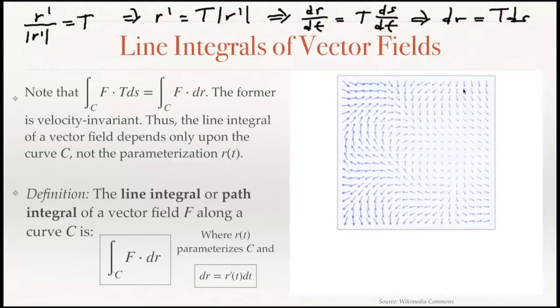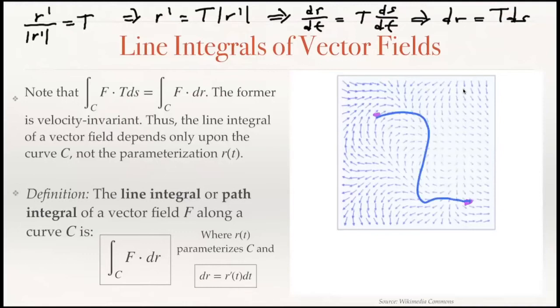And F dot T ds is velocity invariant. It's an arc length parameterization. So no matter what velocity we move along the curve with, we end up getting the same path integral. So in other words, it's parameterization invariant.